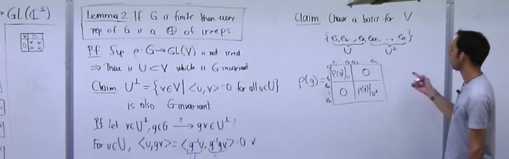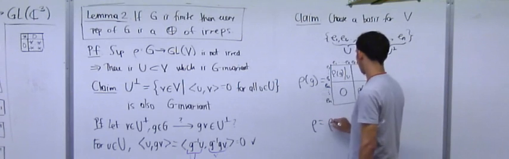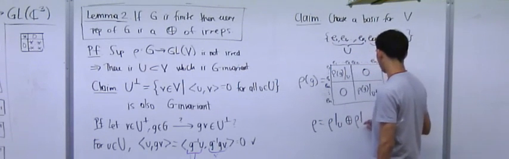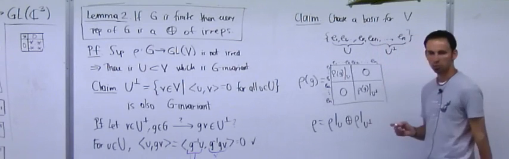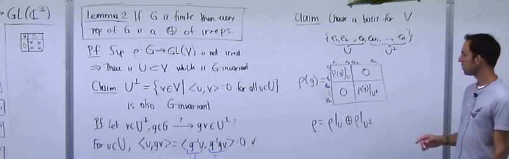And so when you do it in this way, you find that basically rho is the representation restricted to U, direct sum with the representation restricted to U perp. Okay? So we'll do that in that example over there.